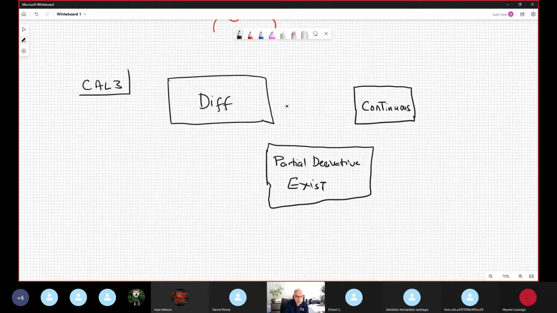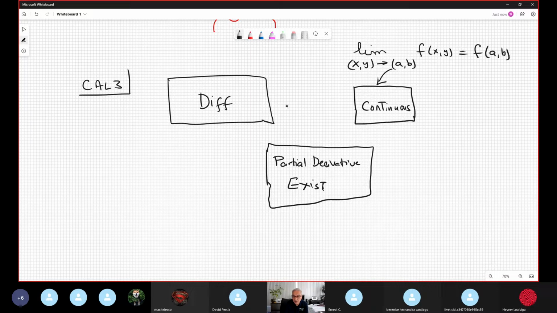Continuity is, as we did before, limits. For example, when x comma y approaches a comma b, a point of the function, f of x comma y should always be f of a comma b. That's exactly the same. The limit exists, the function exists, they are equal, perfect.